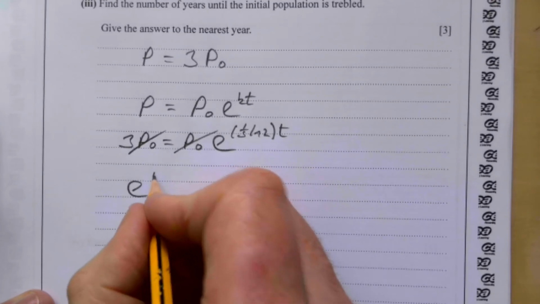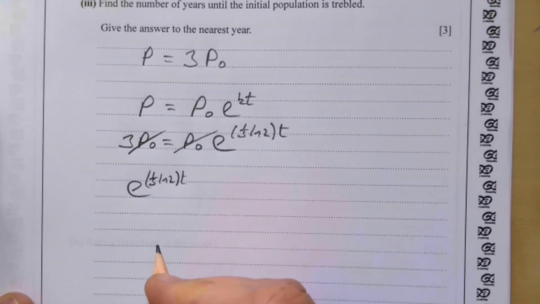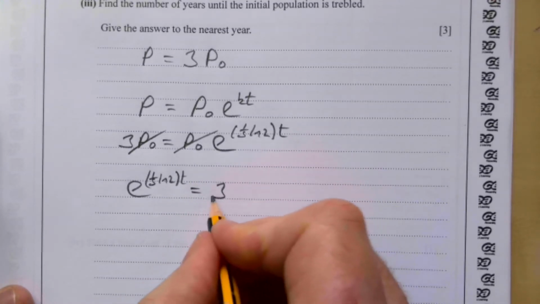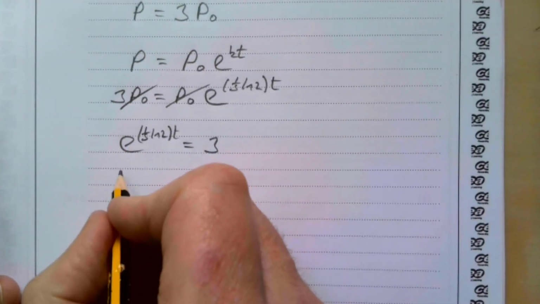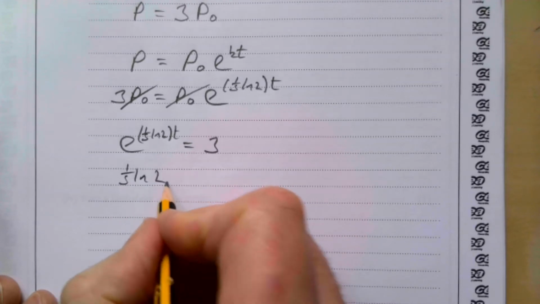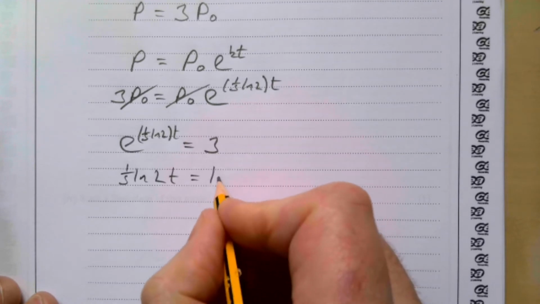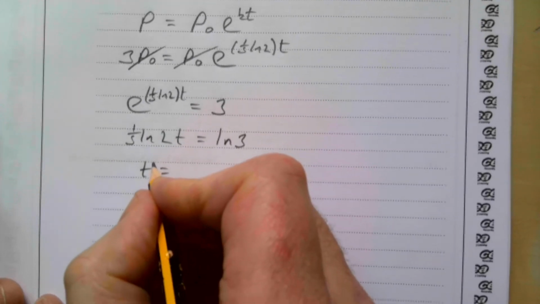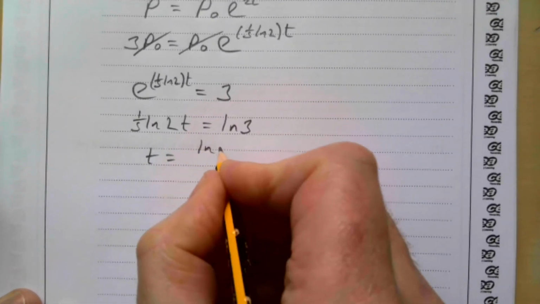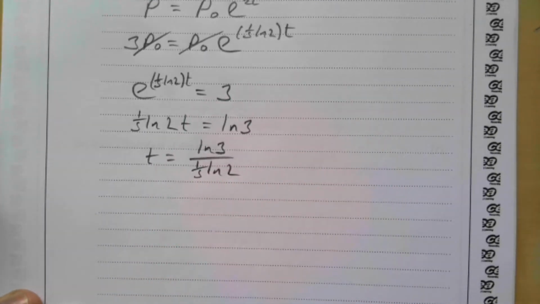So we have e to the a fifth ln 2 t equals 3. If we take ln of both sides, the e is going to disappear, so we have a fifth ln 2 t equals ln 3. t equals ln 3 divided by a fifth ln 2, and that's just going to be a calculator option from here.